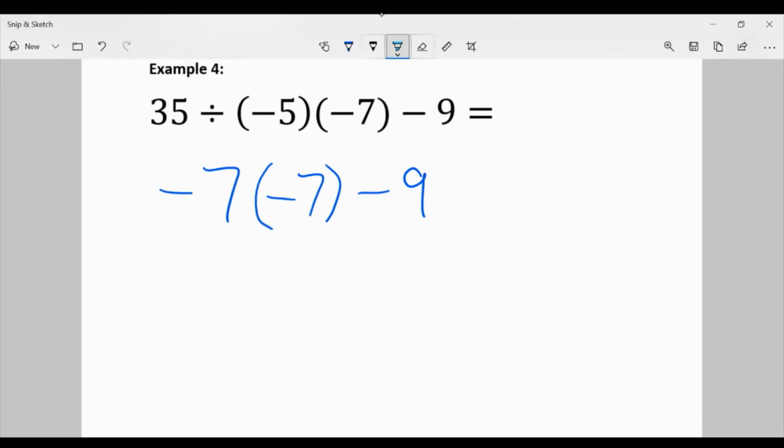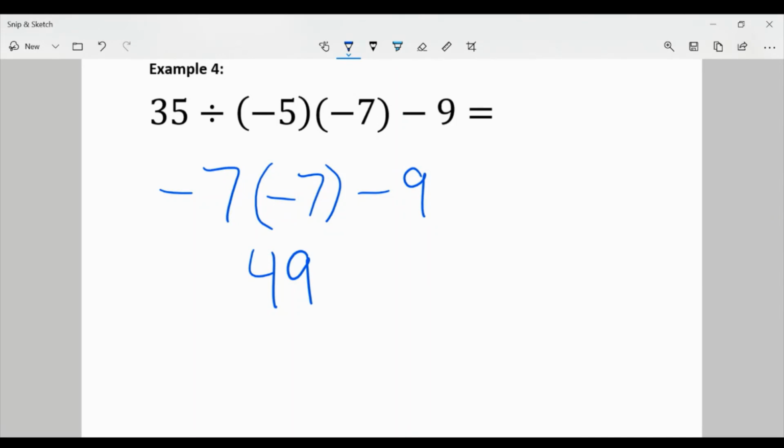Now for this part, again, I have a multiplication still, so this should be my focus, right? So negative 7 times negative 7. Well, 7 times 7 is 49, and a negative times a negative is a positive, right?